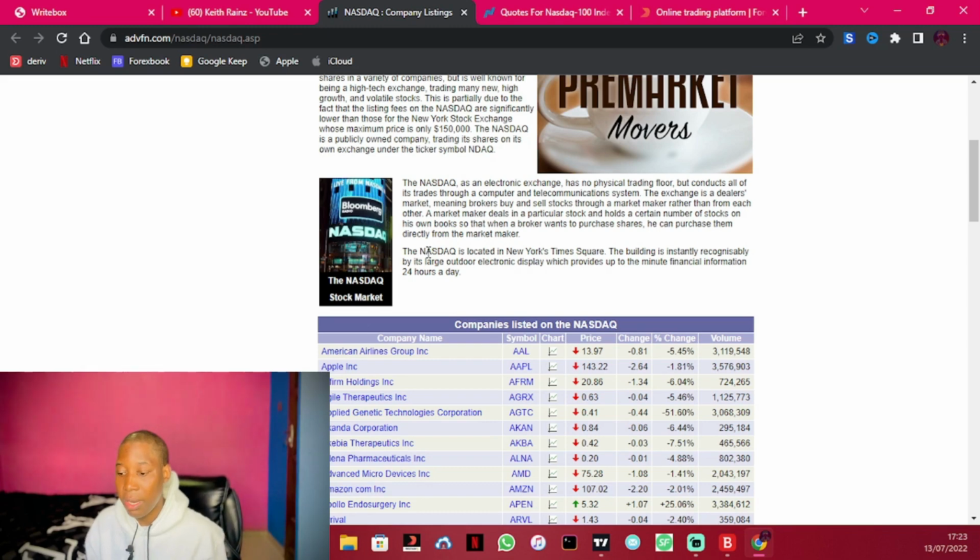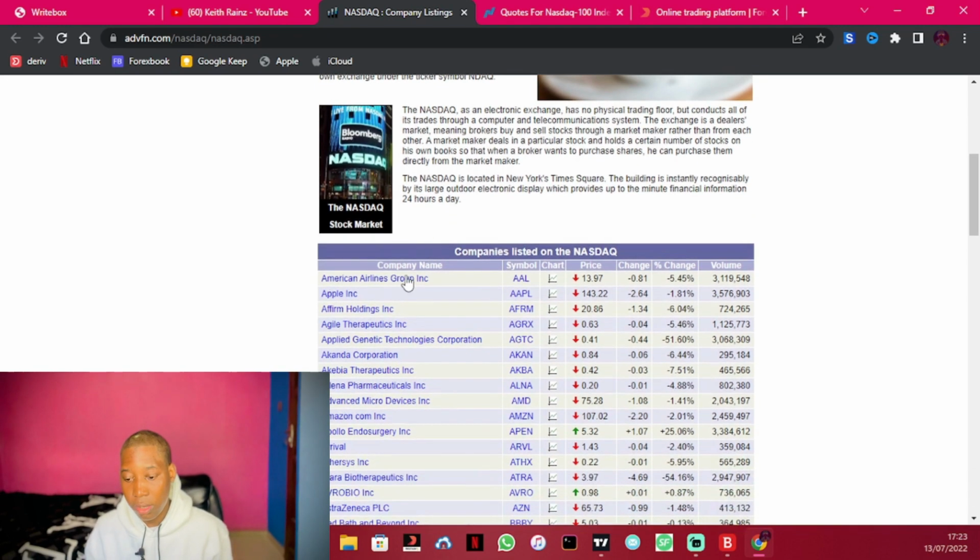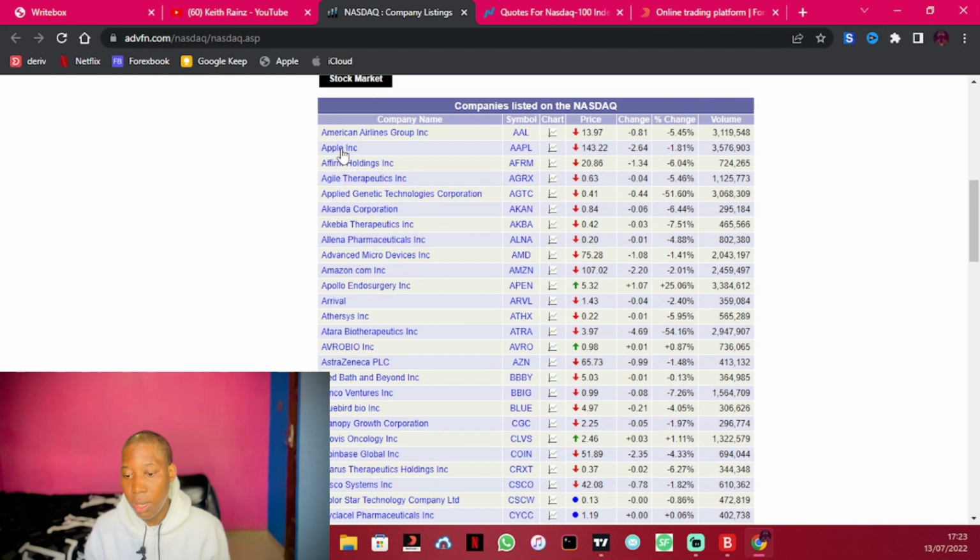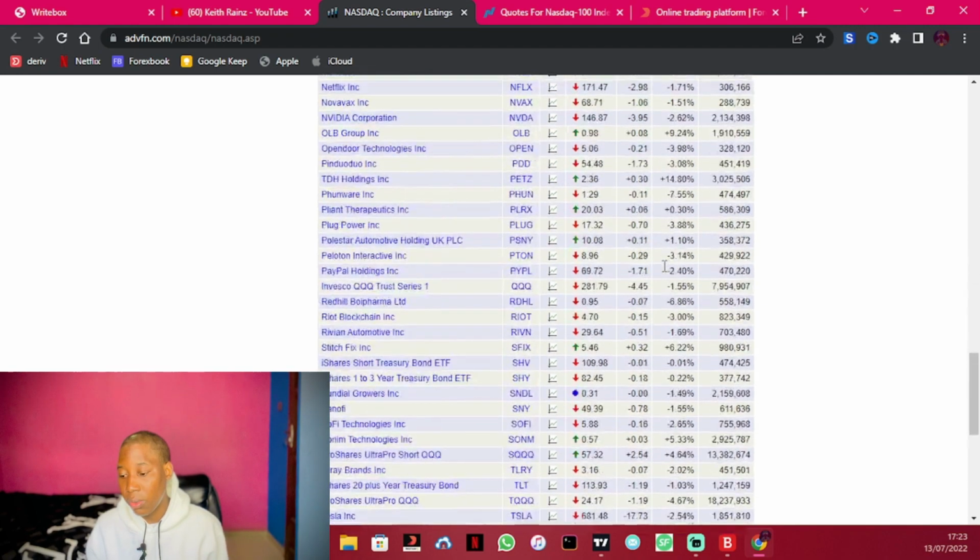Here is a list of the 100 companies listed on the NASDAQ, in alphabetical order. The first one is American Airlines, then Apple, Affirm, and so on until the end.